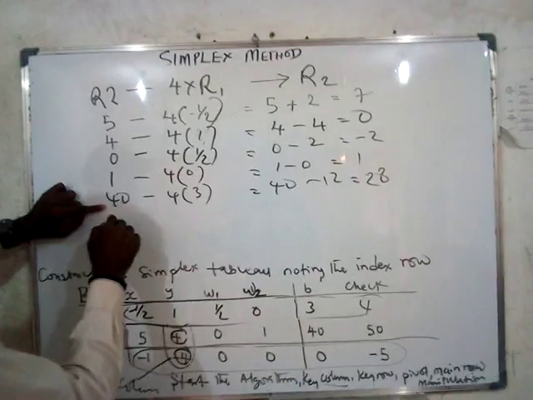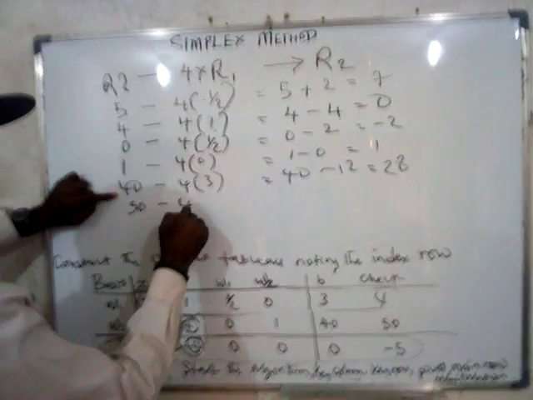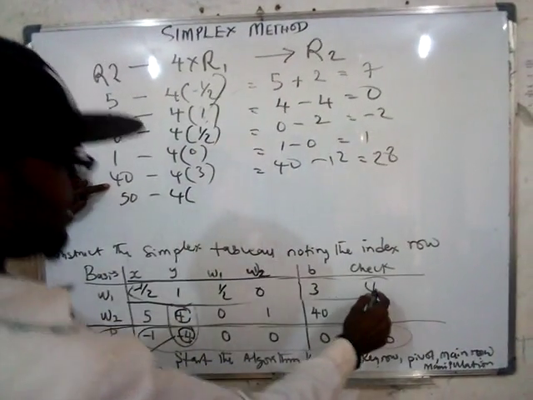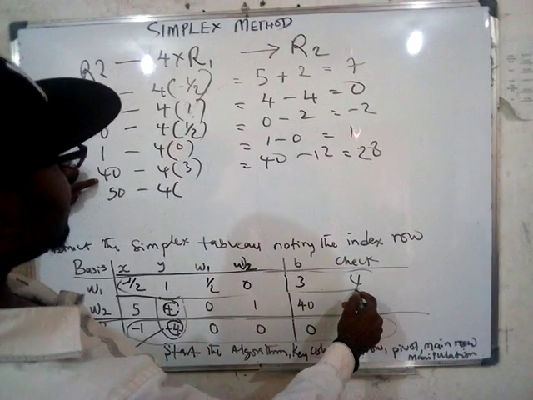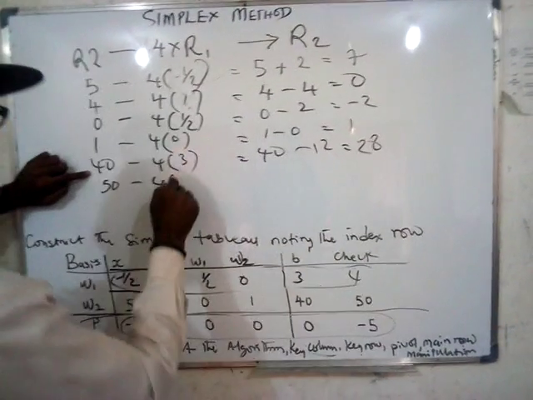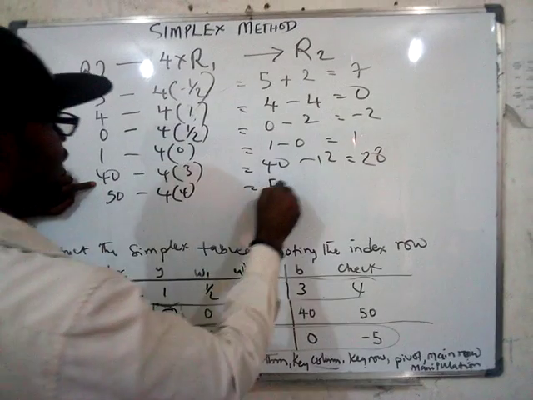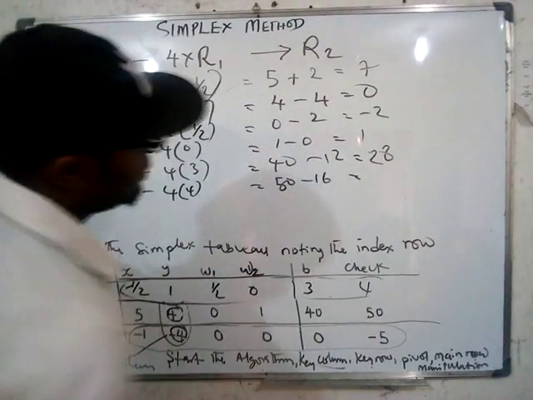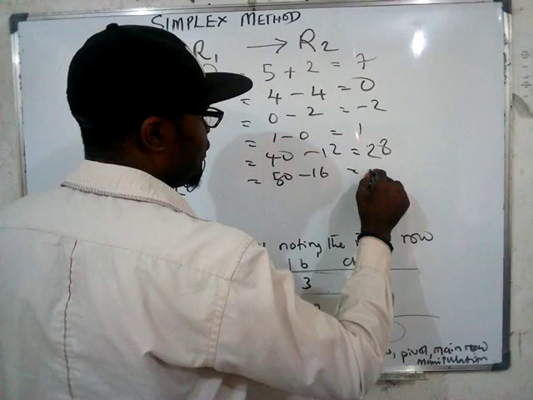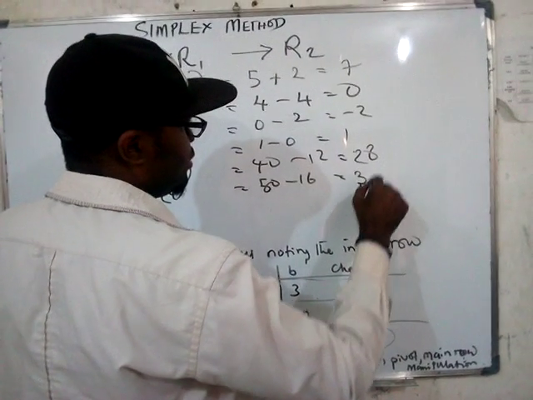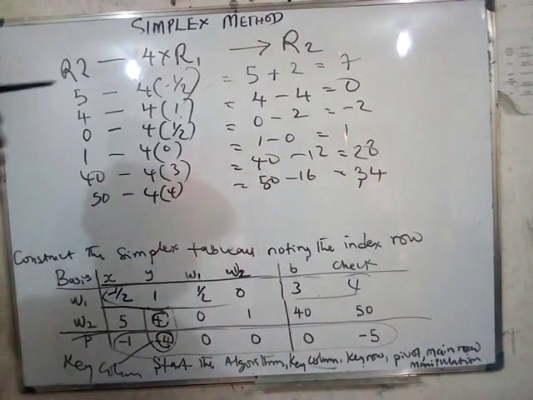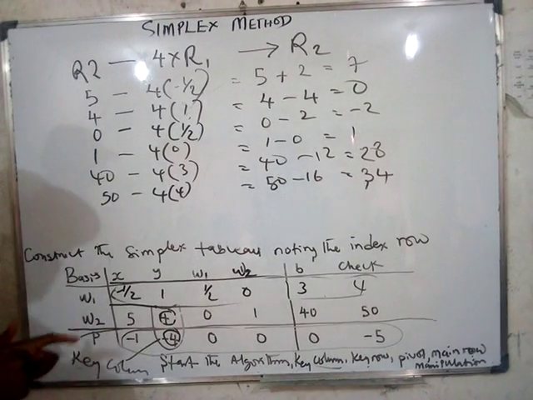Now for this one, I have 50 minus 4 times, what is here? Here is 4, right? Yes. 4 times 4, which will give me 50 minus 16. 50 minus 16 is 34. You understand? So this is what I'm going to replace all these.